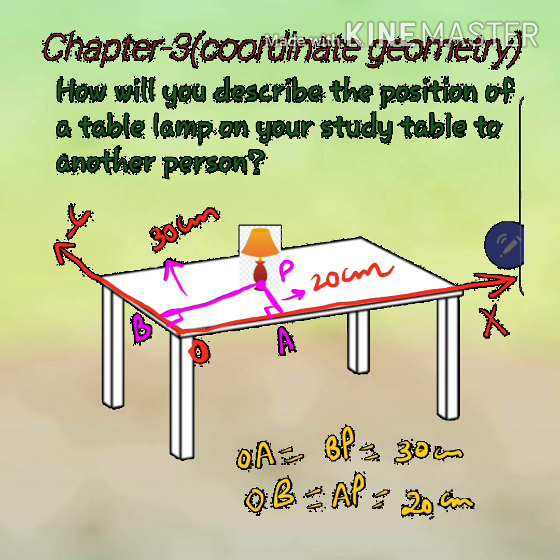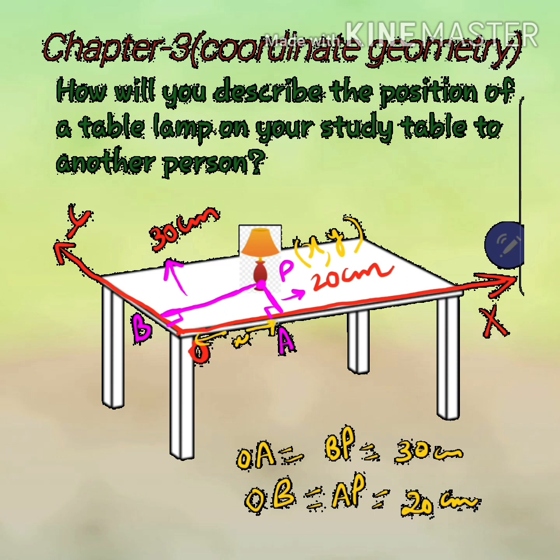So students, to mark the coordinates of P, we will use this combination of 30 and 20. What should be 30 and 20? The distance OA is 30 centimeters, and OA is on the x-axis, so we will treat it as x.